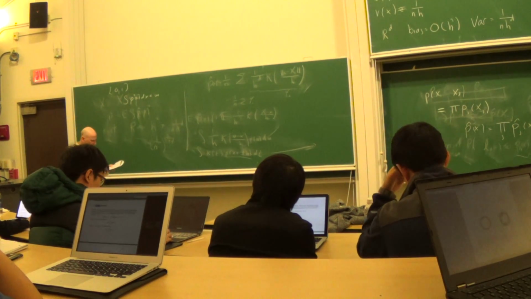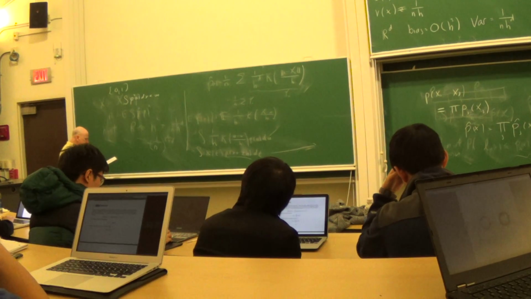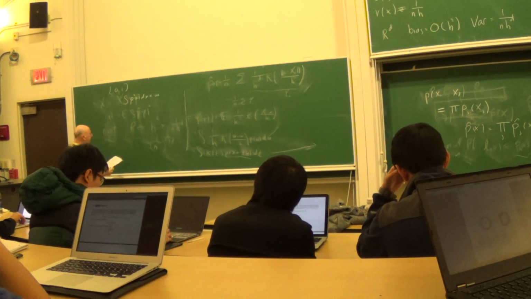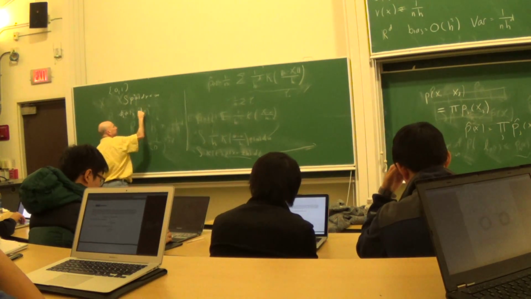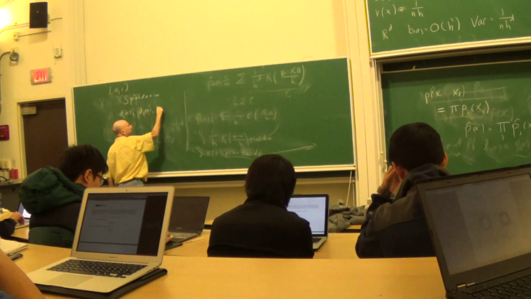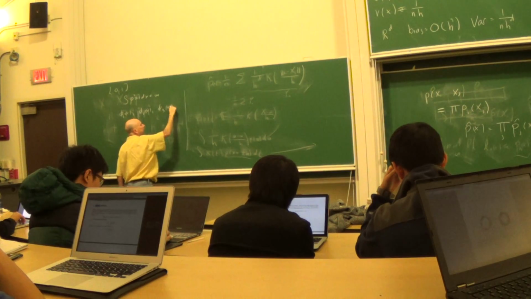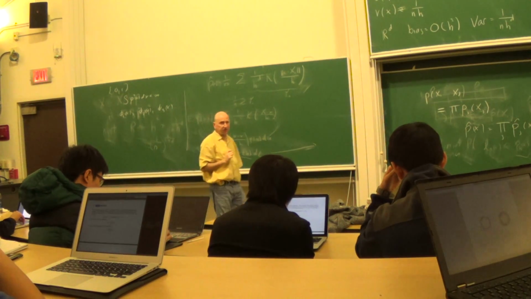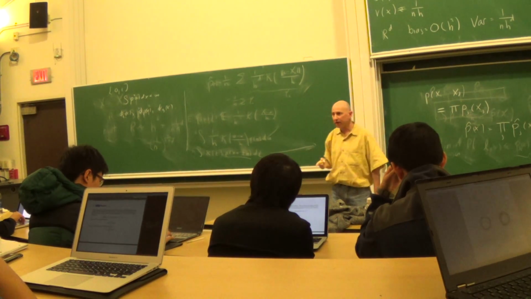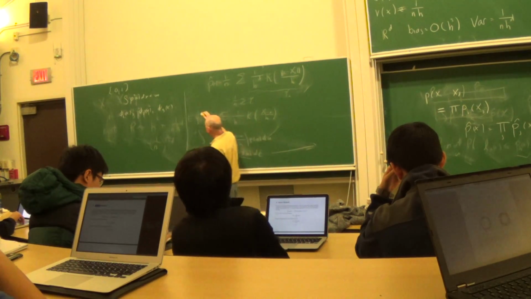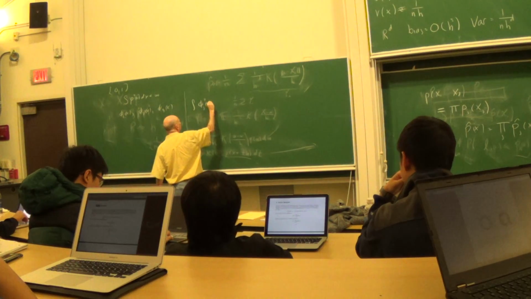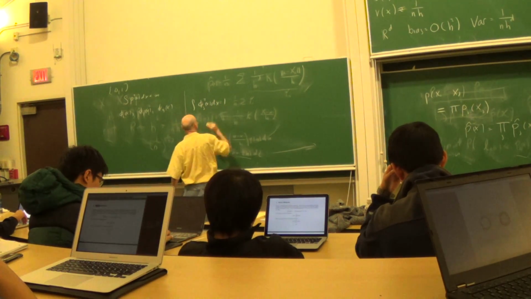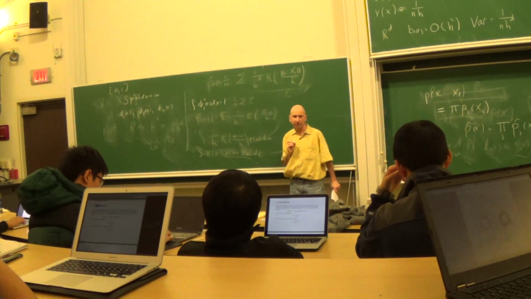Let's remind ourselves. We're going to take a sequence of functions. So it's an infinite sequence of functions. Each one has the property that when you square it, it integrates to 1.